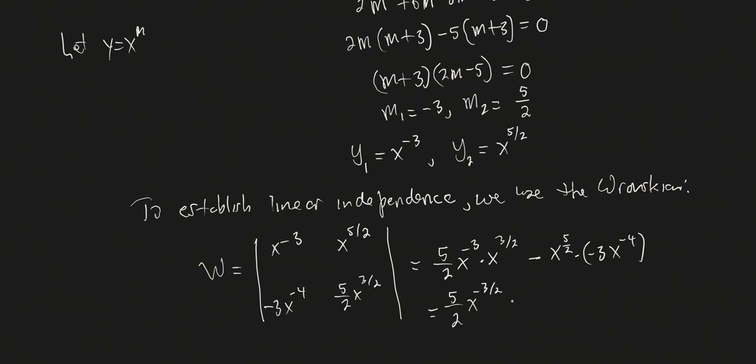And then I have a plus 3 there, and same thing, I have 5 halves minus 8 halves, so that's x to the negative 3 halves. Adding the coefficients, what's that, 11 halves? Yep, so 11 halves x to the negative 3 halves.